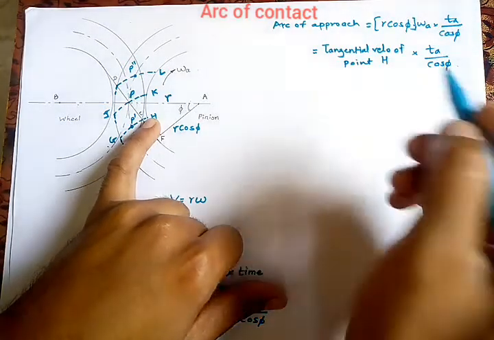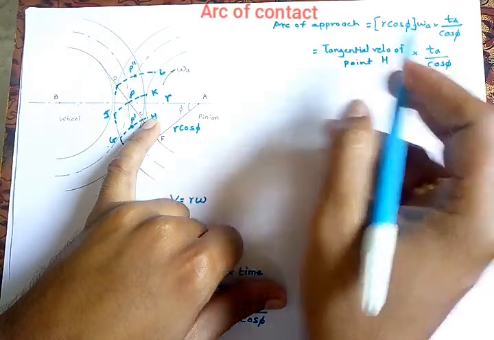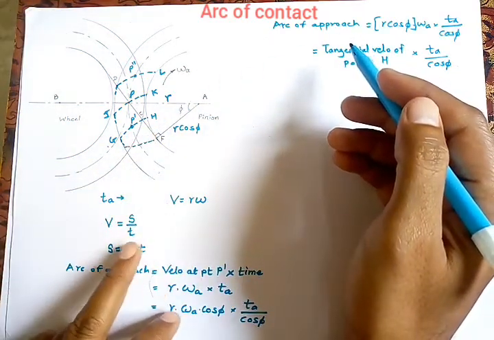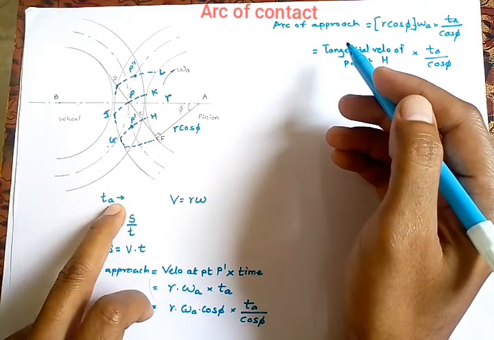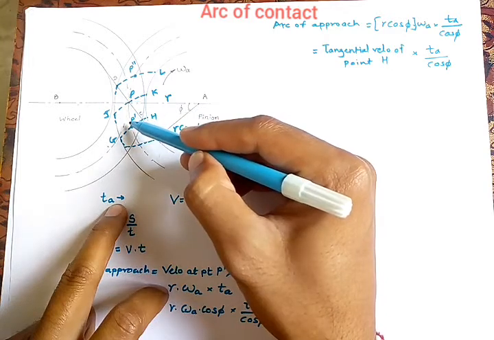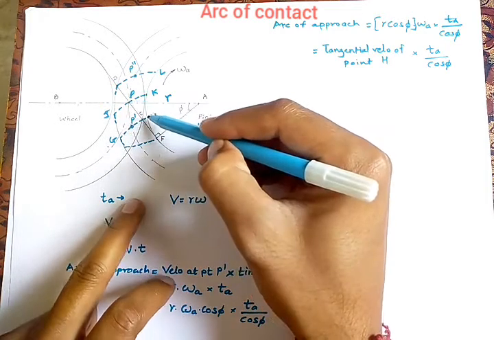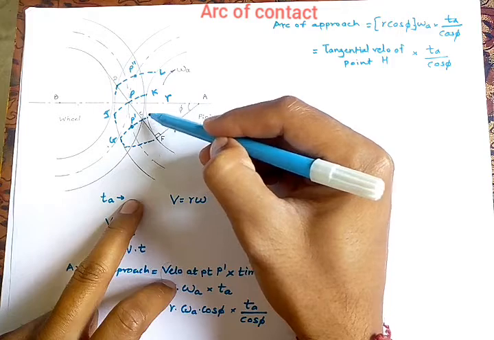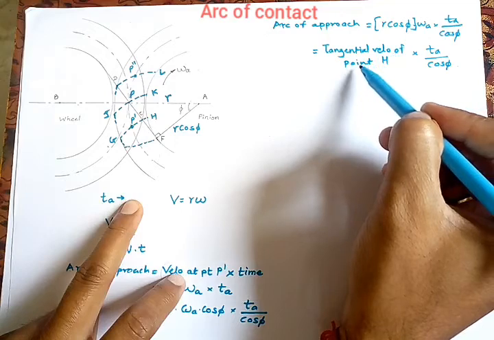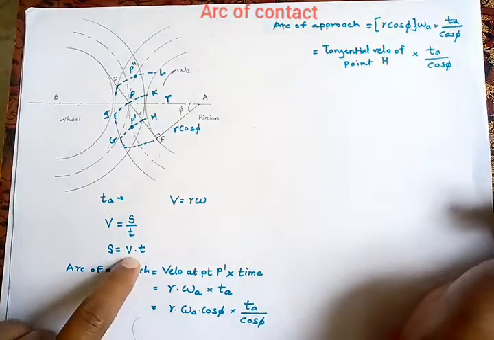So tangential velocity of point H into Ta. So tangential velocity of point H into the time required for the point to move from P dash to P double dash, that is to cover the arc of approach. So in time Ta, if point P dash is moving to P, the point H will move from H to K. So the tangential velocity V into T, the velocity into time, this product is a distance.